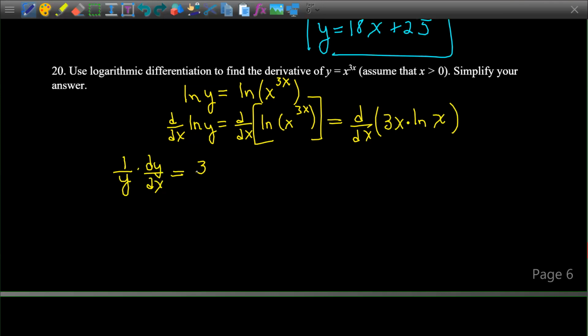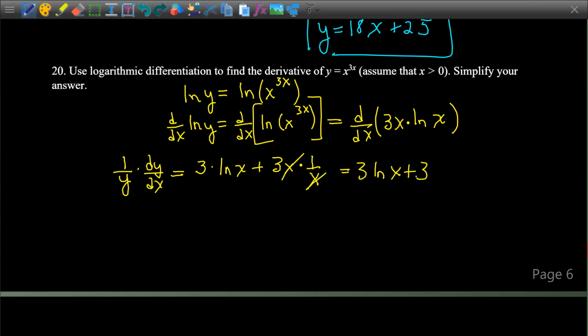But anyway, the derivative of 3x is 3 times that second function, log of x, plus the 3x times the derivative of the log of x, and that is 1 over x. These x's cancel, by the way, and we just have 3 natural log of x plus 3.